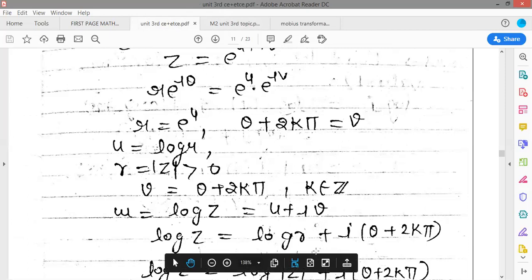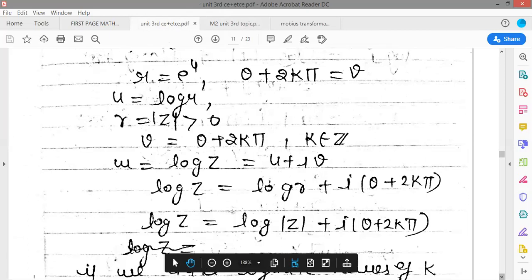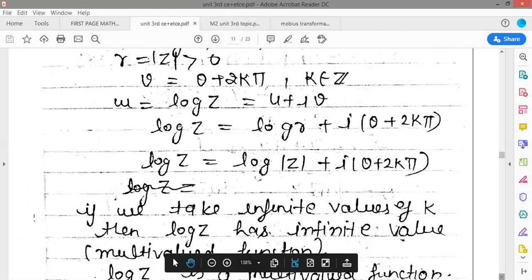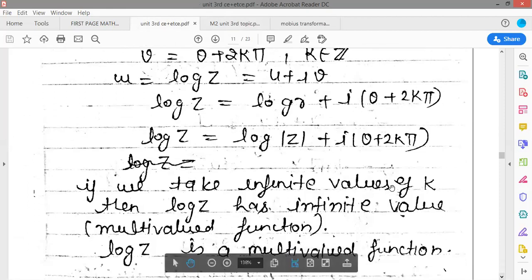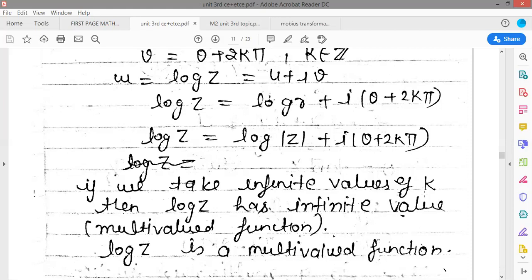So w is equal to, you can write another formula, log r plus i theta plus 2k pi. Theta plus 2k pi is your argument. So log z is equal to log mod z plus i theta plus 2k pi. If we take infinite values of k, then log z has infinite values. That means we have a multi-valued function.